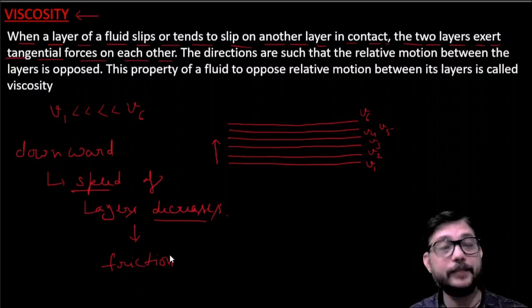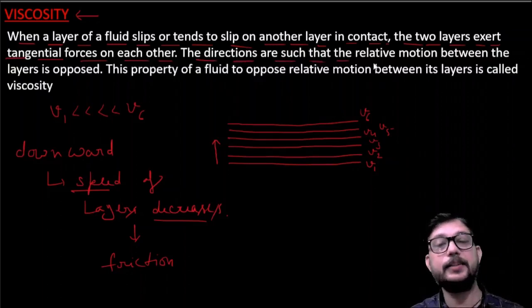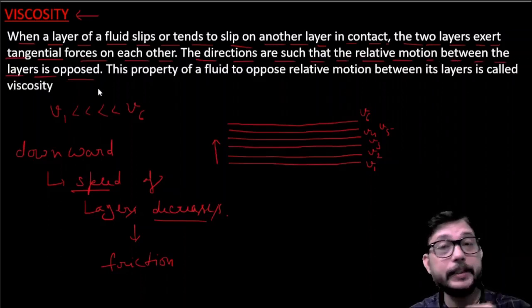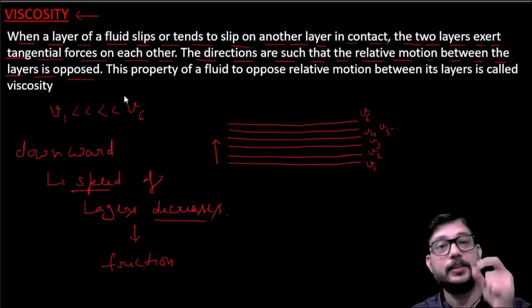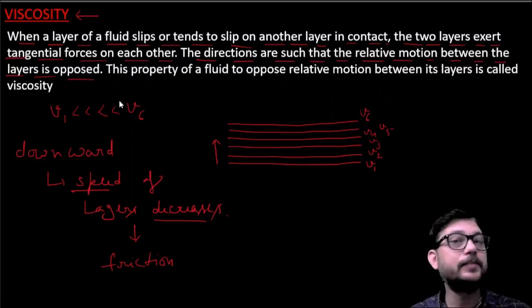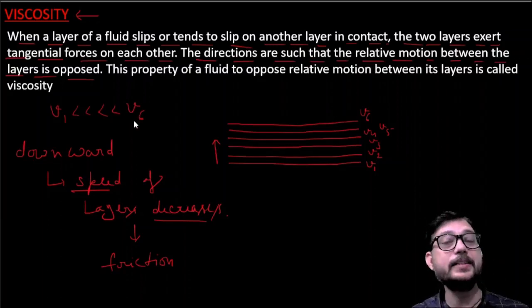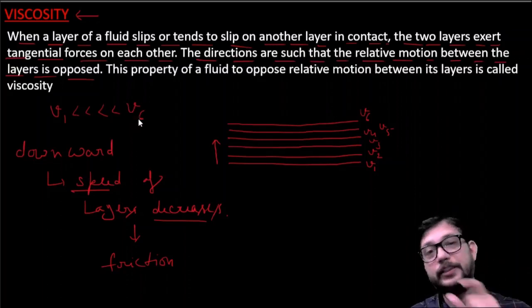I hope and I believe that this is clear. The directions are such that the relative motion between the layers is opposed. That's why I am saying that the speed continuously decreases as we go deeper inside the fluid which is flowing.